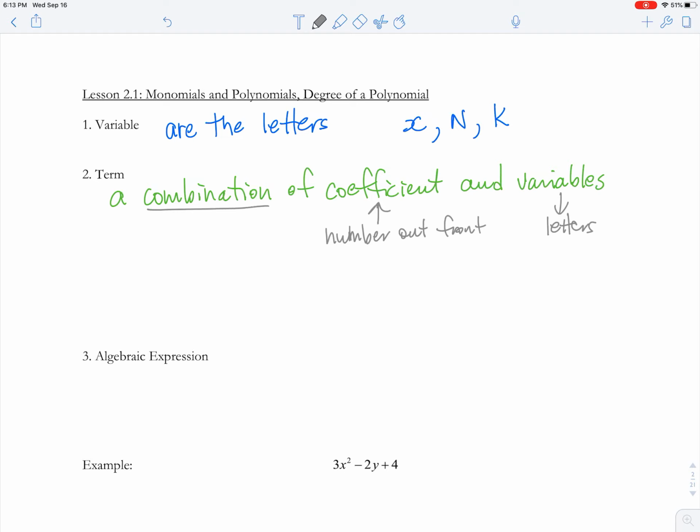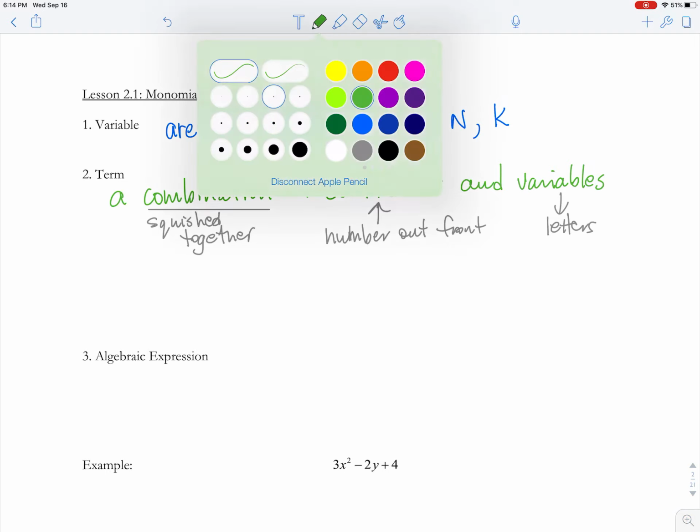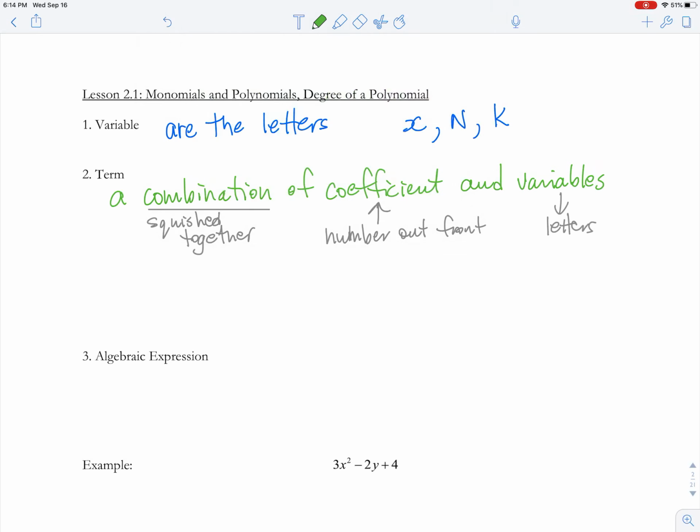So by combination, I meant also like the squished together. And they're always together by multiplying or dividing. So it's a combination of coefficients and variables that are multiplied or divided.